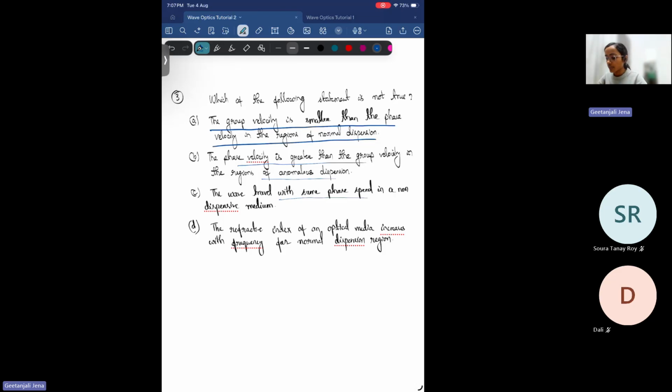Or option D, the refractive index of an optical medium increases with frequency for normal dispersion region. Which of the following statements is not true? So the question is all about dispersion. What happens in the normal dispersion for the phase and group velocity? How does the refractive index change for a normal dispersion or for an anomalous dispersion?